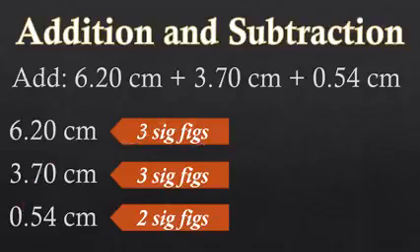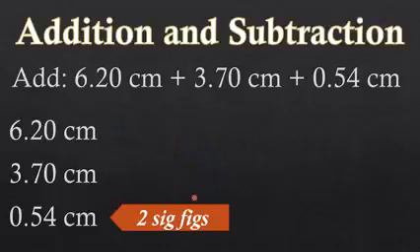Kung i-compare natin yung 3 significant figures at saka yung 2 significant figures, which is the least precise measurement? That is 2 significant figures. Anong ibig sabihin nito? Ibig sabihin the sum of 6.20 plus 3.70 plus 0.54 must contain 2 significant figures lang.